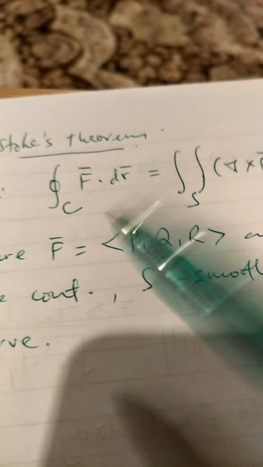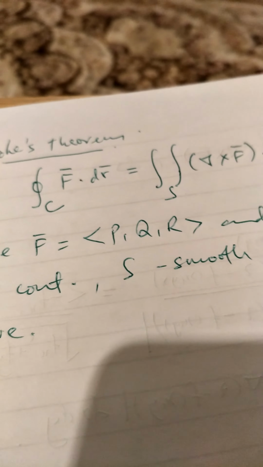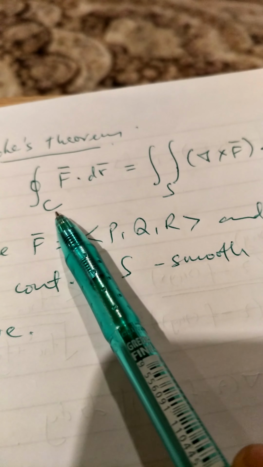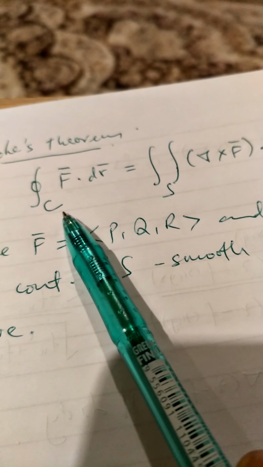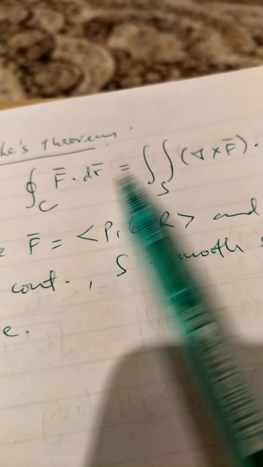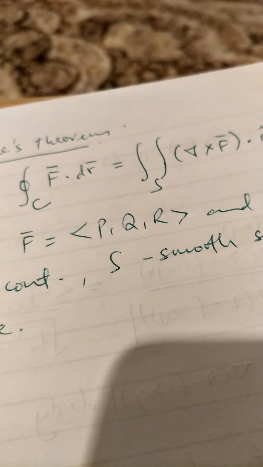Now, the Stokes theorem says that the closed integral over a closed curve can be written as an integral over the surface. What does that mean?